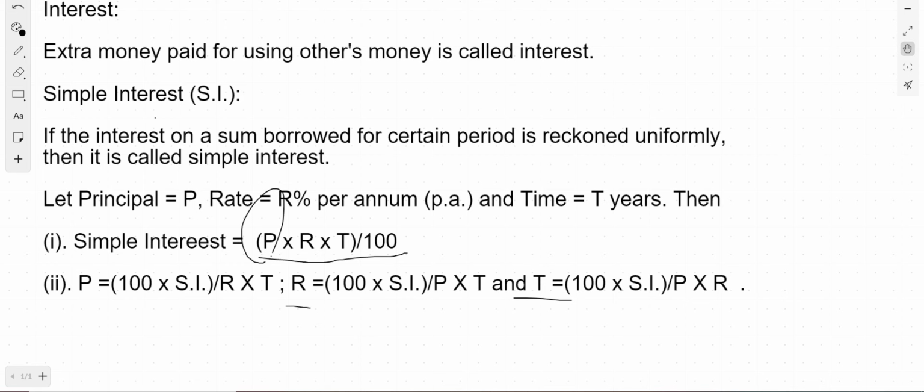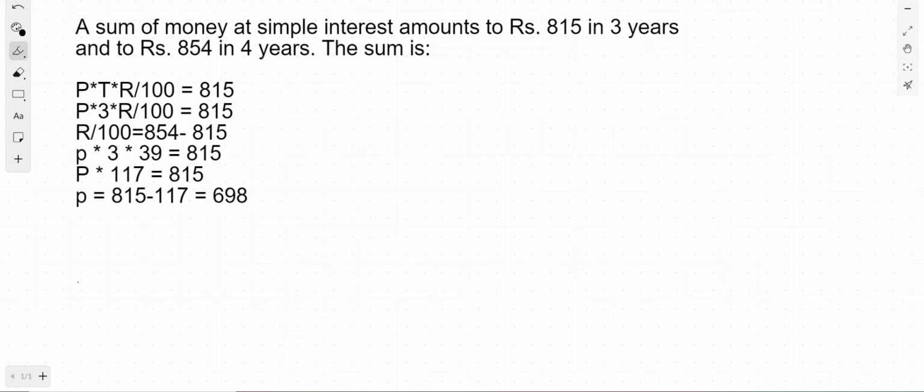A sum of money at simple interest amounts to rupees 815 in 3 years and to rupees 854 in 4 years. So the sum is? We have to calculate the sum, meaning the principal.